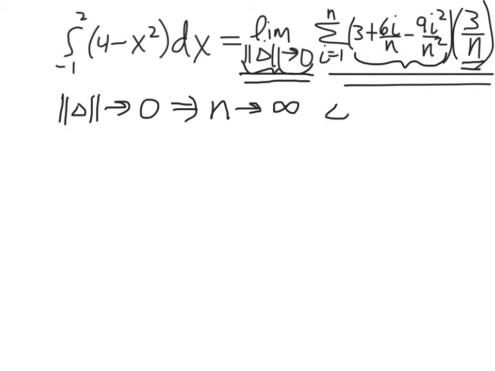And to see that a little bit more, delta x is calculated by b minus a over n. And b minus a is going to be a fixed number, the length of the x interval, so a constant, and that constant over n, well, if n approaches infinity, some number divided by n will approach 0.